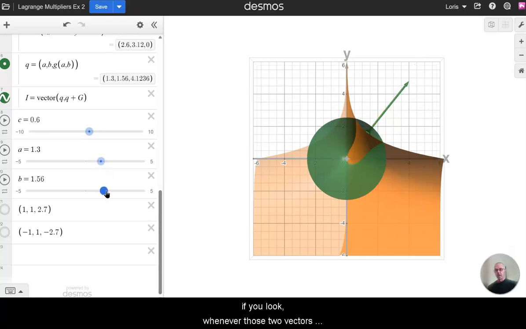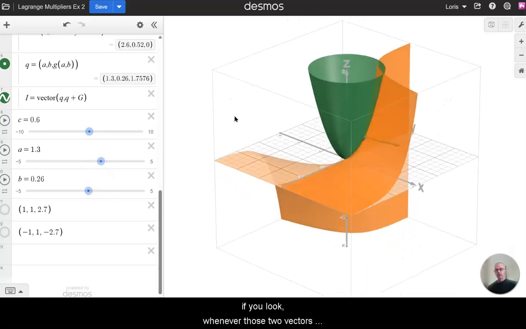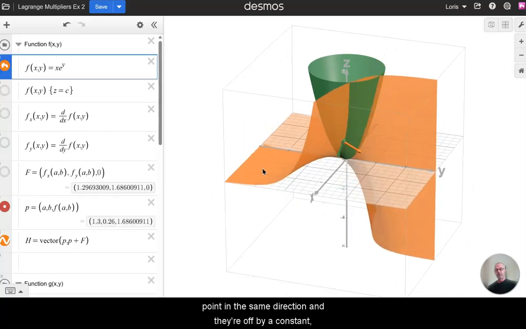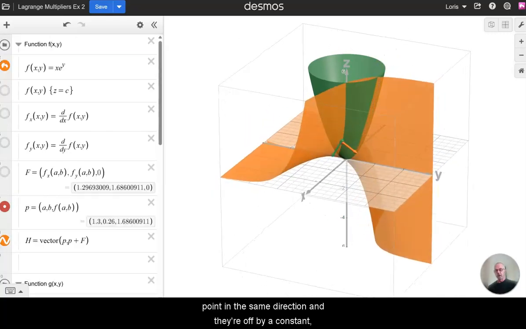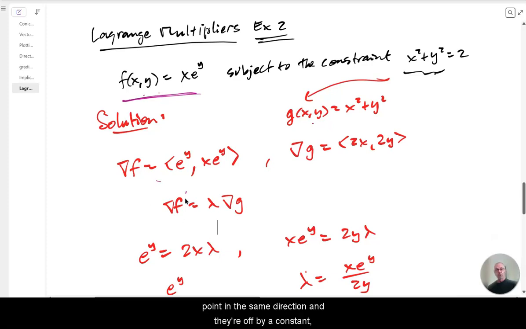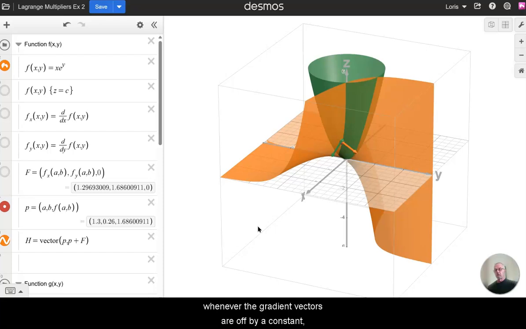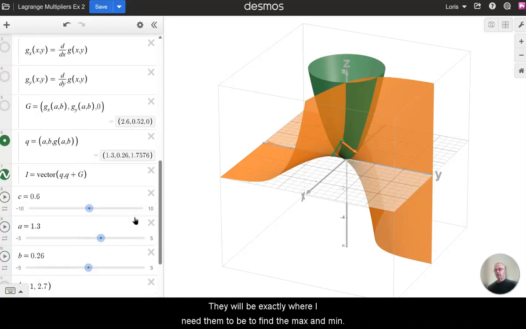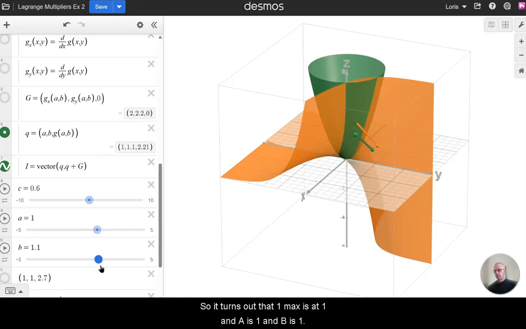Now, if you look, whenever those two vectors point in the same direction and they're off by a constant, whenever the gradient vectors are off by a constant, they will be exactly where I need them to be to find the max and min. So it turns out that one max is at A is 1 and B is 1. I'm going to move those over.